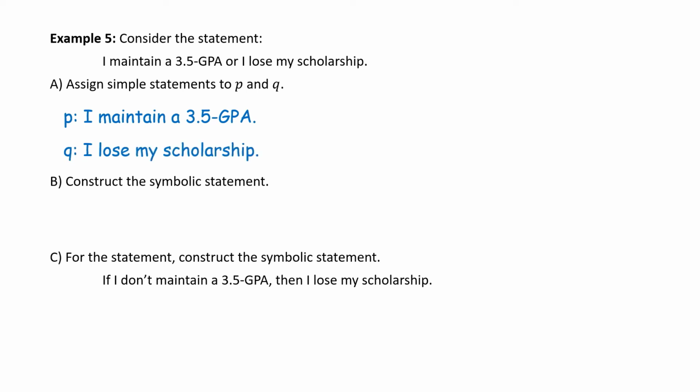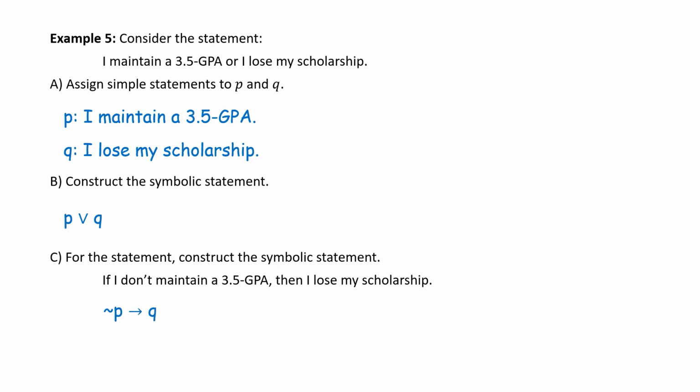Then, when I construct the symbolic statement, this will simply be P or Q. Part C, for the following statement, construct the symbolic statement that corresponds to, if I don't maintain a 3.5 GPA, then I lose my scholarship. So that would be not P implies Q.